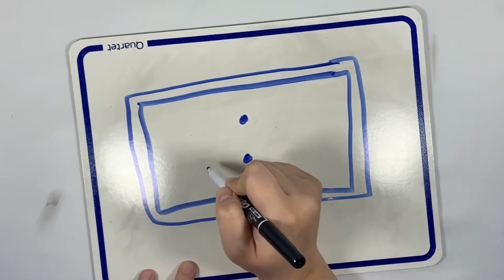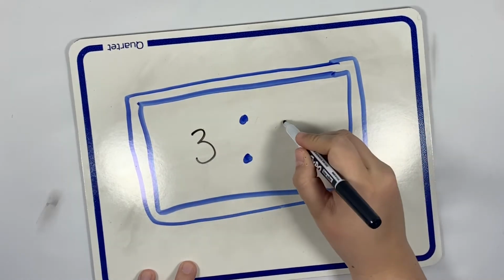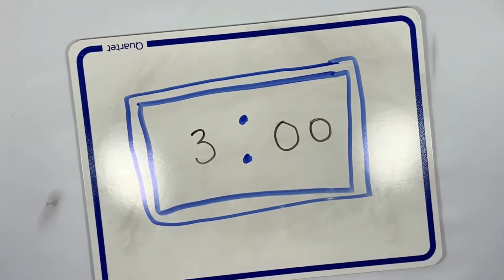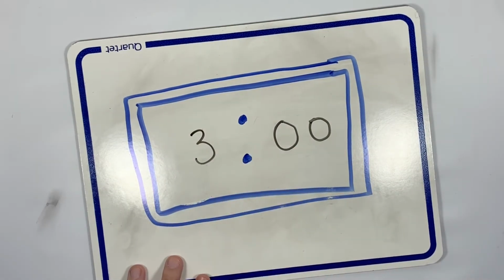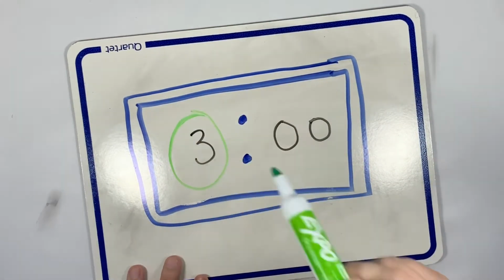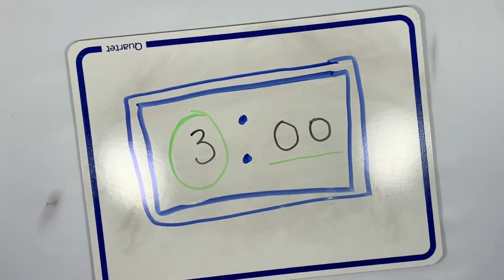So let's do 3 o'clock. We have the digital clock right here. This part right here is the hour, and I'm going to circle the hour. And then this part right here is the minutes, and I'm underlining the minutes.